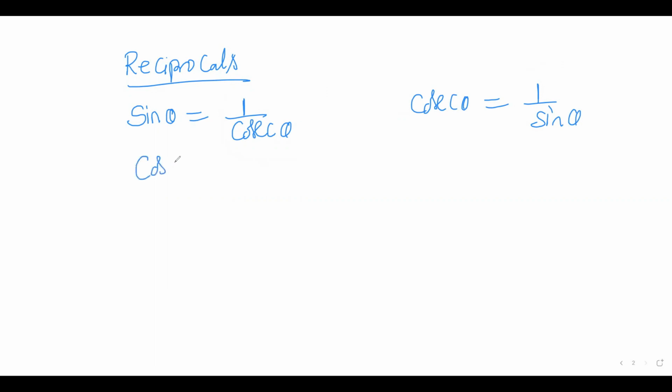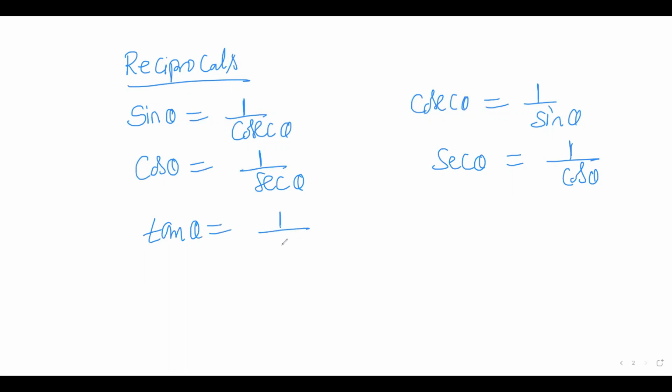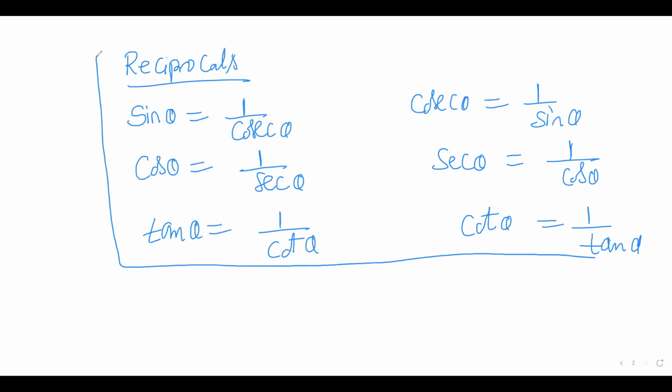Reciprocal of secant is cos. Reciprocal of cos is secant. Tan theta is reciprocal of cot. Cot theta is reciprocal of tan. So you should know about these reciprocals if you want to deal with the fourth exercise.